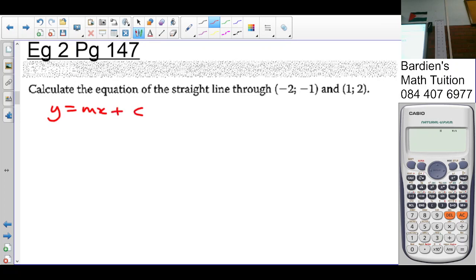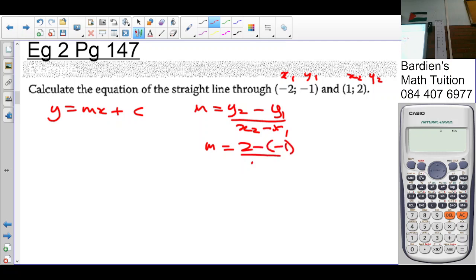How do you calculate m? y2 minus y1 over x2 minus x1. So the gradient, you make this x1, y1, x2, y2. So it will be 2 minus minus 1 over 1 minus minus 2. So that's going to give you 3 over 3, which is 1.